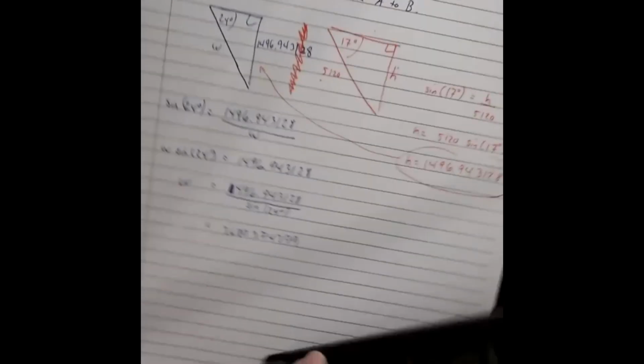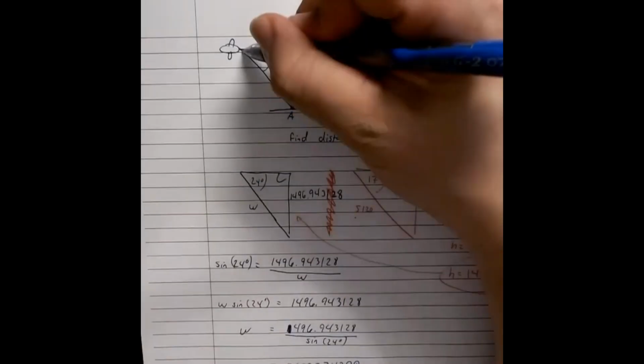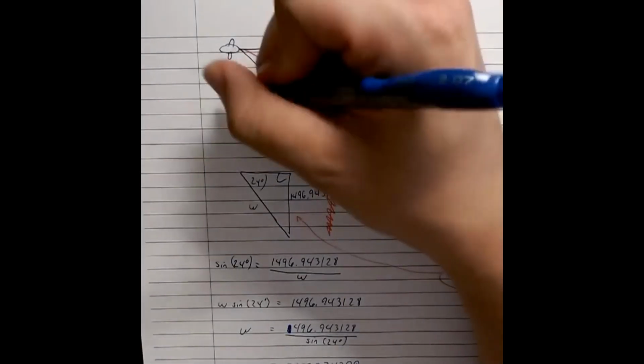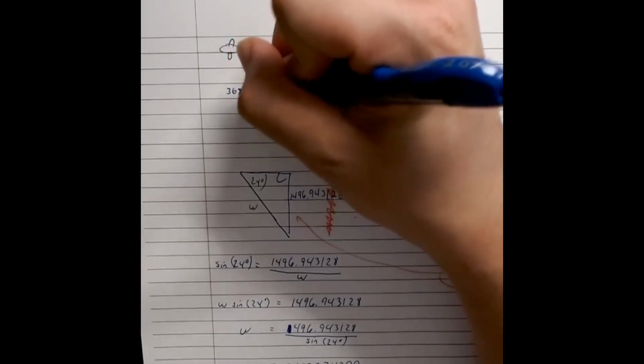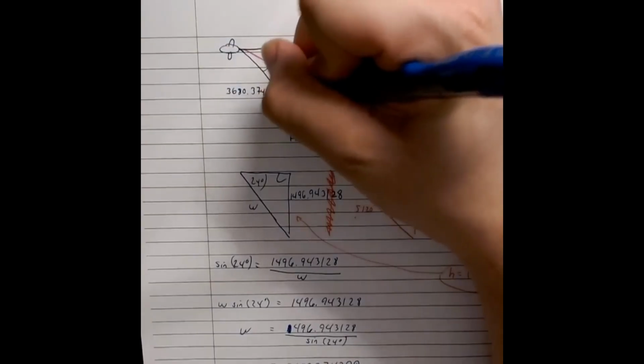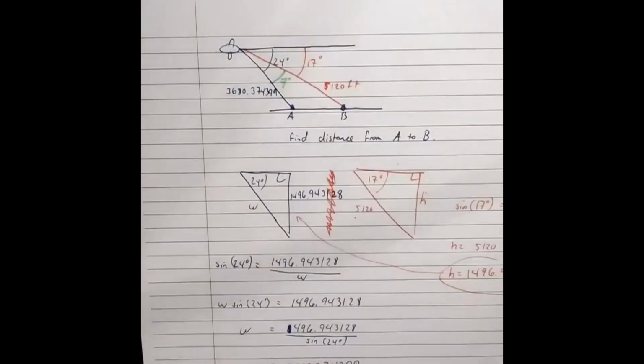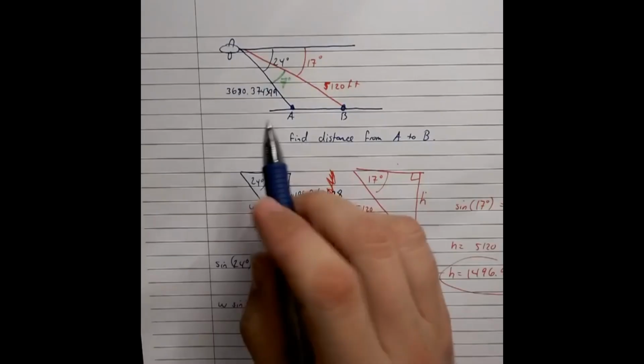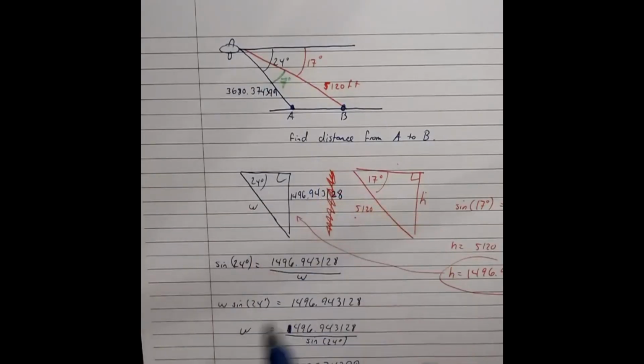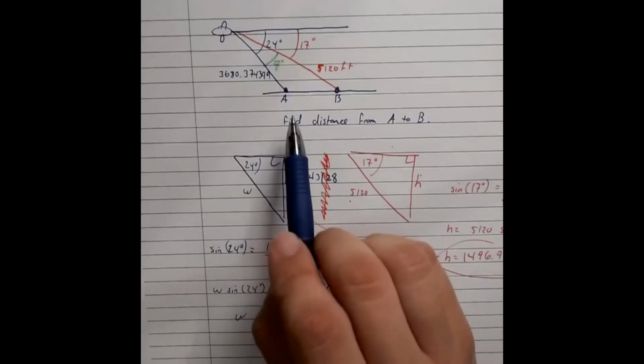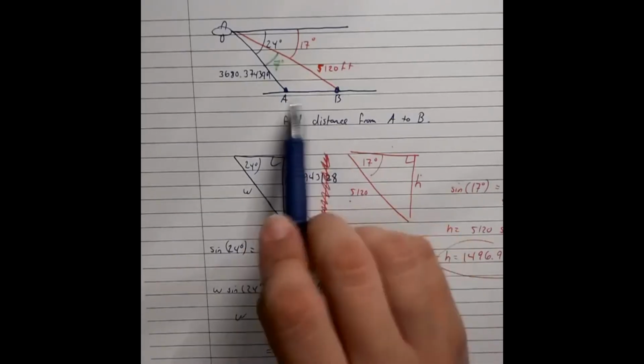So that gives us the length from here to here. Again, I'm not rounding that until the very end. I'm going to keep all of my precision, and at the very, very end, when you get your answer, that's when you round.